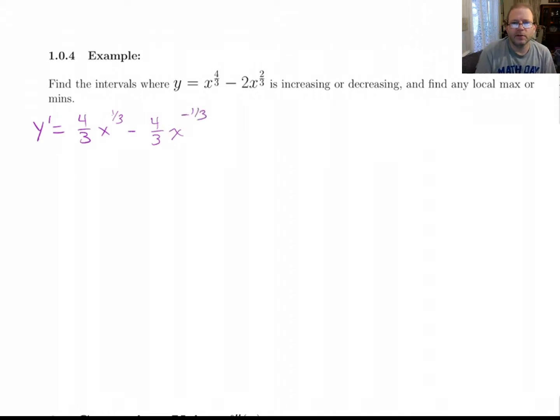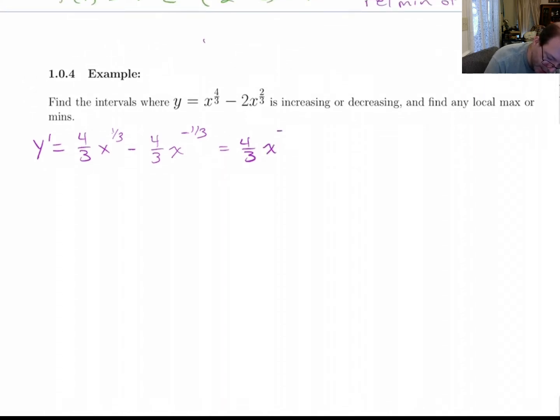Now, I want to factor this. I can factor out 4/3, and I can also factor out x to the lower power here. The same way if you had 3x cubed plus 3x squared, you'd factor out the lower power. Doing the same thing down here, factoring out the lower power, which is x to the negative 1/3.